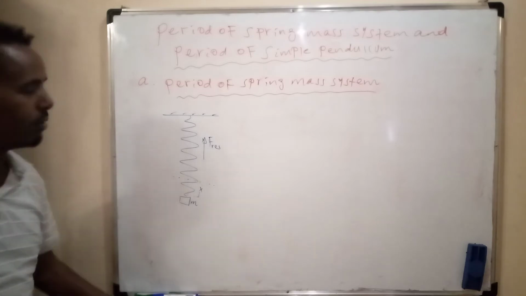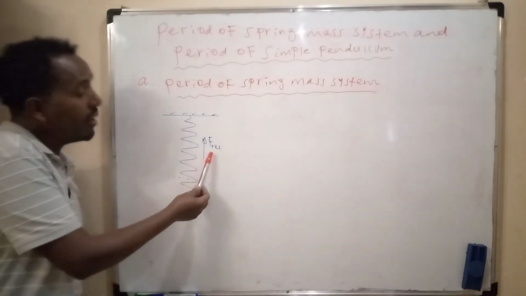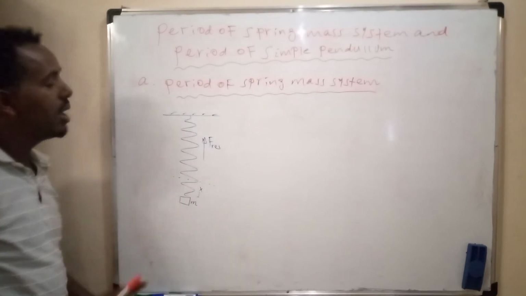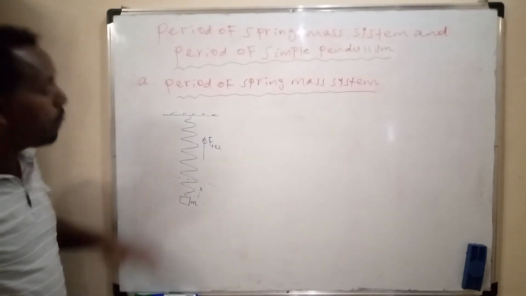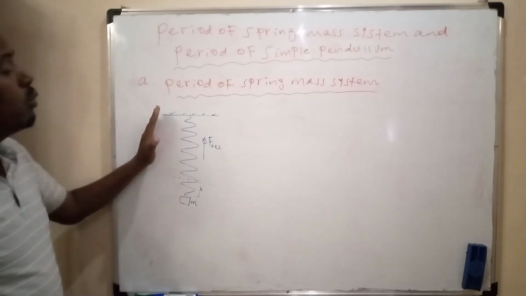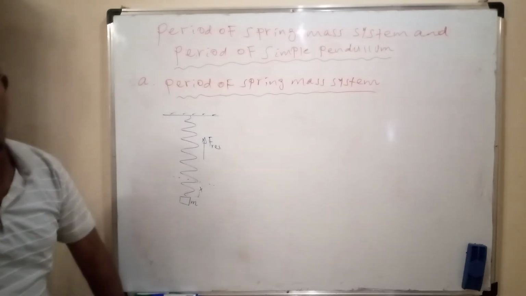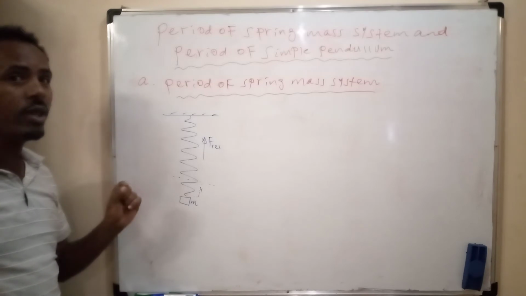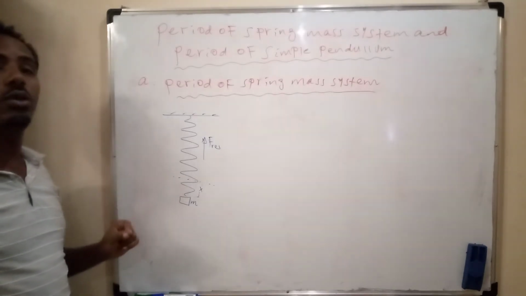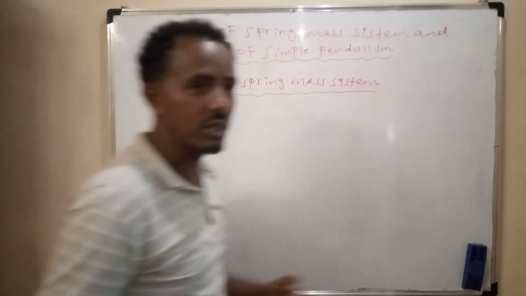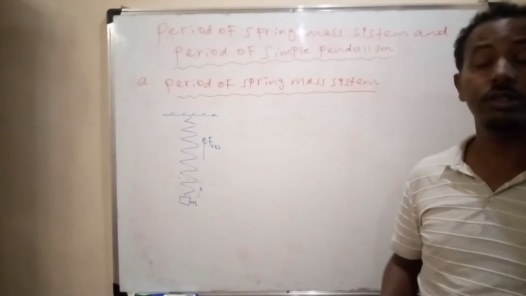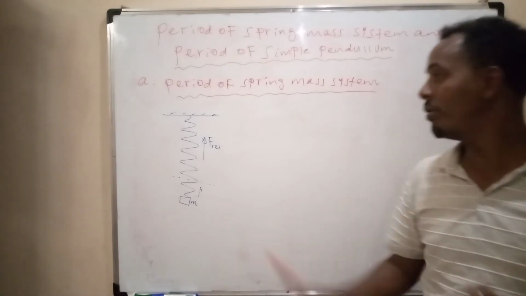When the spring is moving down, there is a restoring force of the spring that acts upward, that opposes the motion of the spring. But when the spring is moving upward, the restoring force is down. Always, the direction of displacement and the direction of restoring force are in the opposite direction.